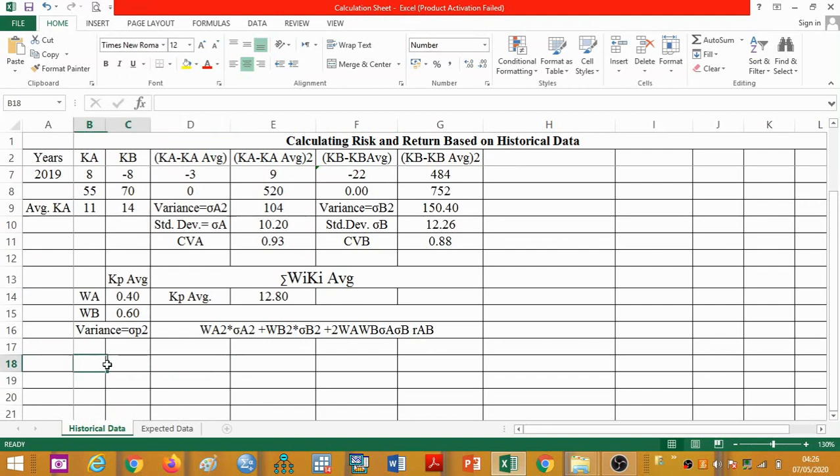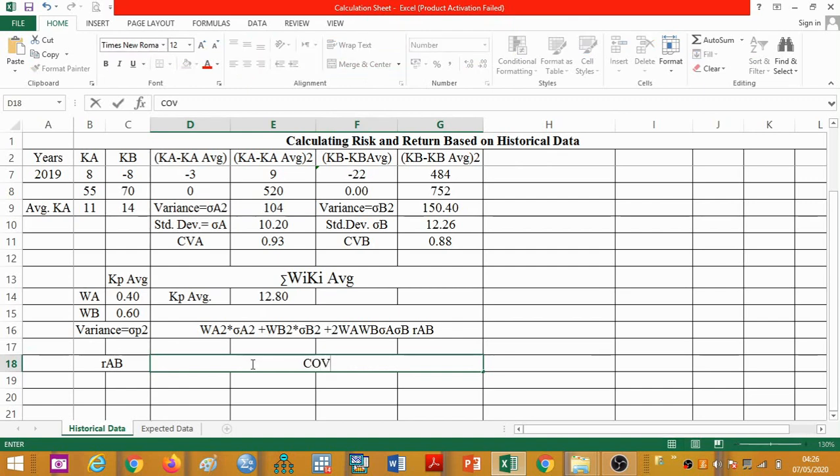So RAB is equal to what? RAB, correlation between security A and security B, is equal to covariance.